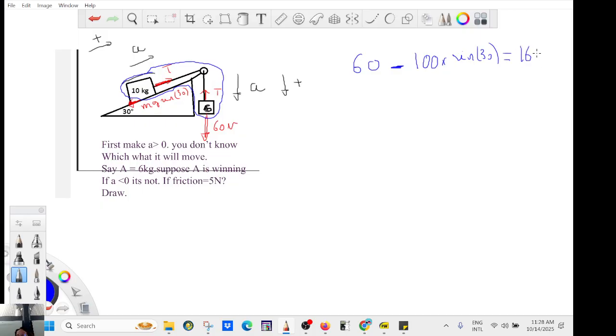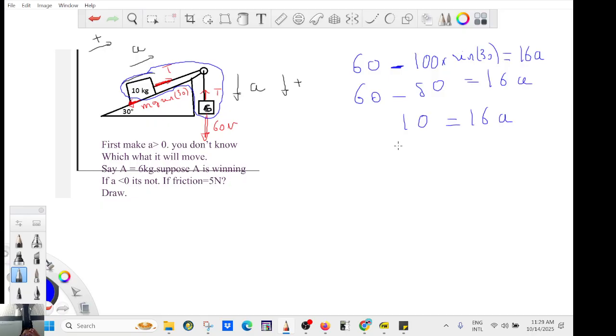So that will be 16 times your acceleration. So that will be 60 minus 50 equals 16a. So 10 equals 16a. 10 kilogram plus 6. We get 0.625.